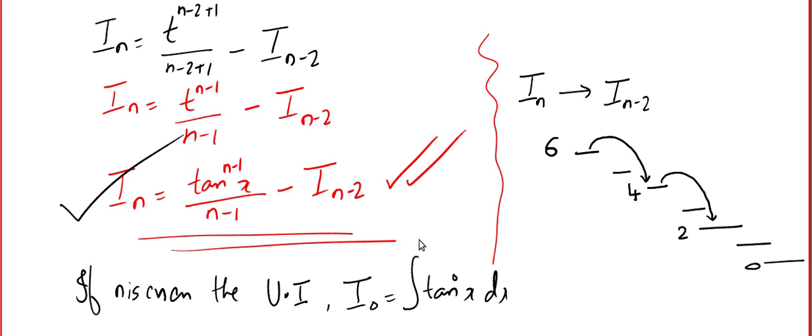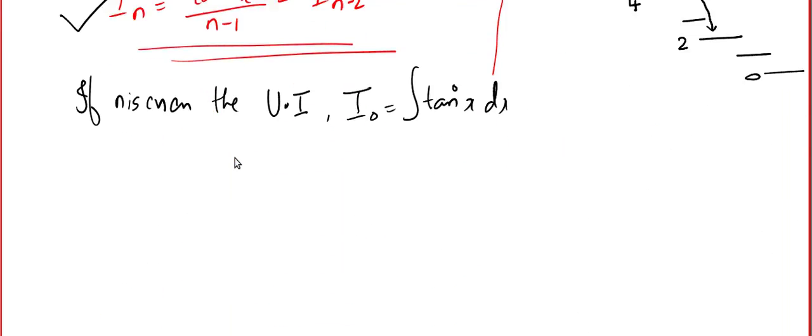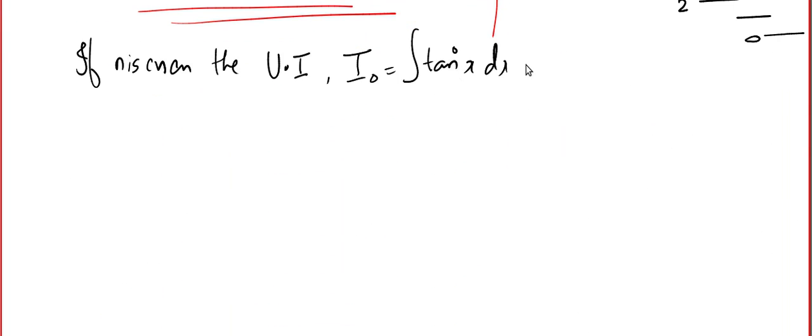Don't worry about this step, I'll show you. I_0 means you should replace n with 0. Any finite number to the power 0 will be 1. So this becomes 1, and 1 into dx is dx. And that will be x plus c.